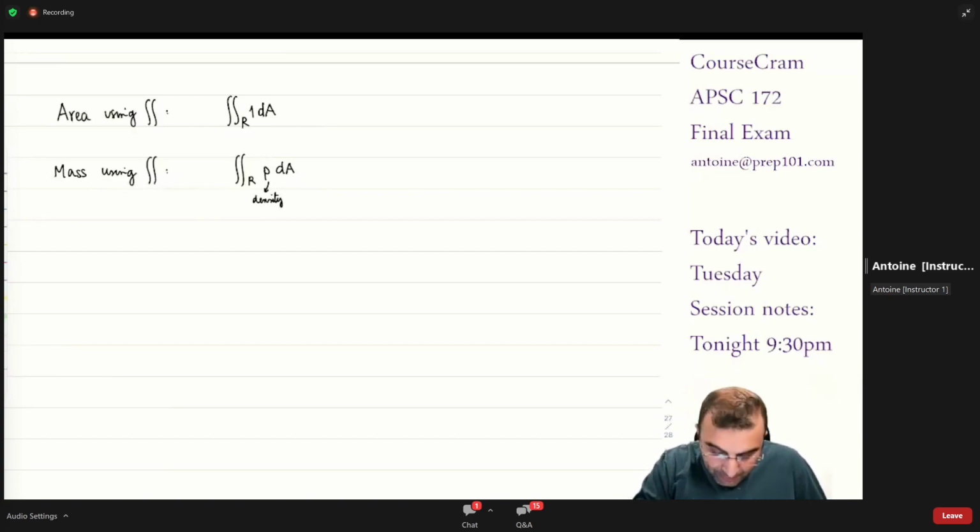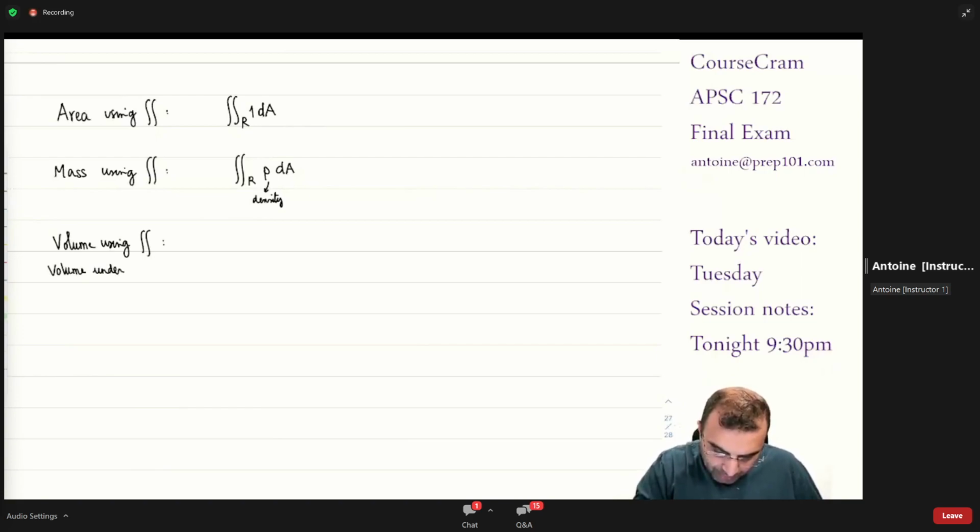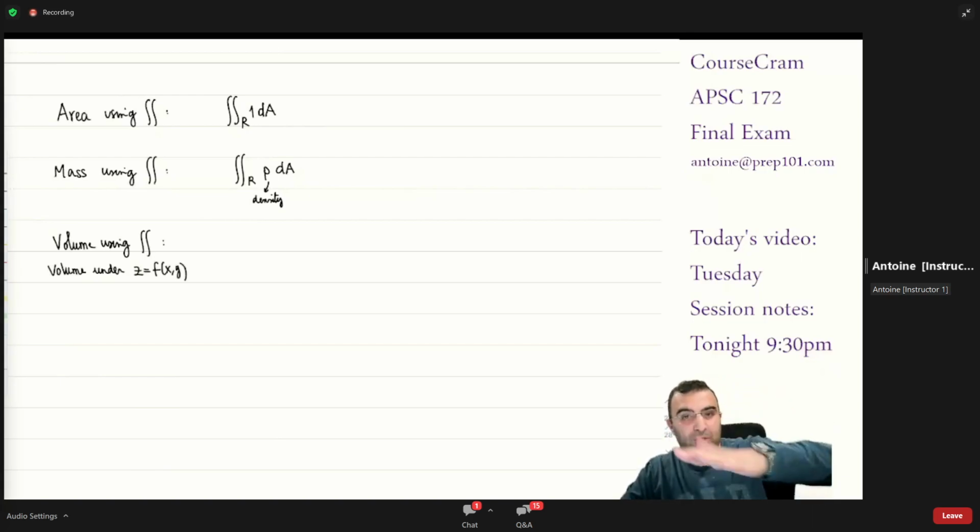Okay, how do we find volume using double integral? Yes, it's not strange. We can find volume using double integral. I need to be more specific. This would be the volume under z equals f(x,y), which is the surface.